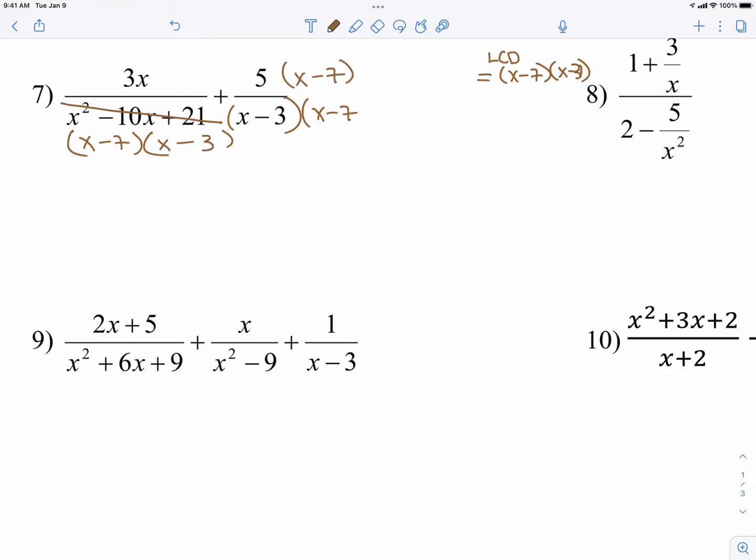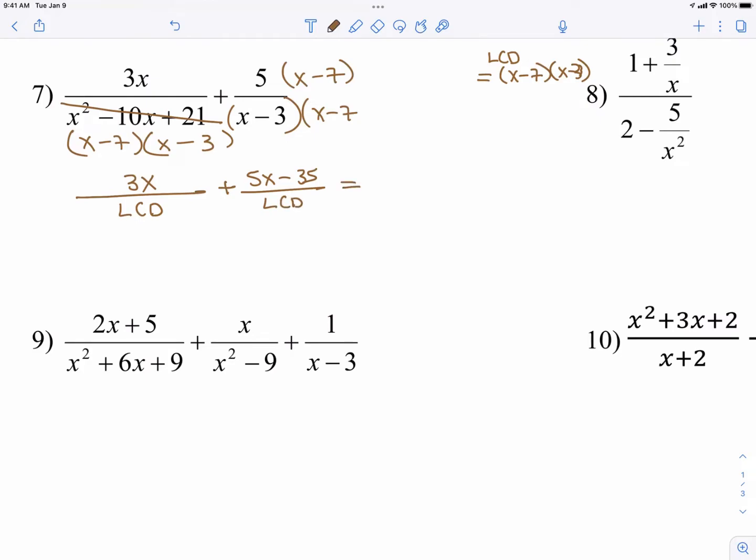In the first fraction, it's going to remain 3x, so it'll be 3x over your LCD plus, then you'll distribute the 5 into the x minus 7, which would be 5x minus 35, and that's also over your LCD.